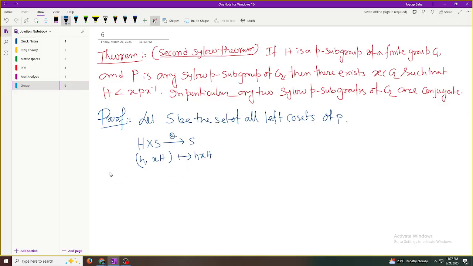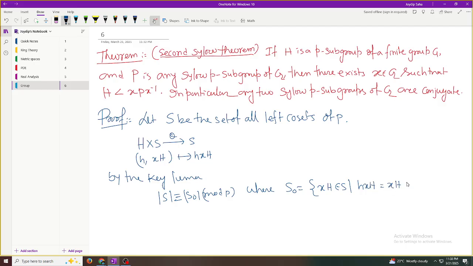So by the key lemma, the cardinality of S is congruent to the cardinality of S0 mod p, where S0 is those xP such that hxP equals xP for all h belonging to H. So xP belongs to S0 if and only if, as I have seen, x belongs to the normalizer.